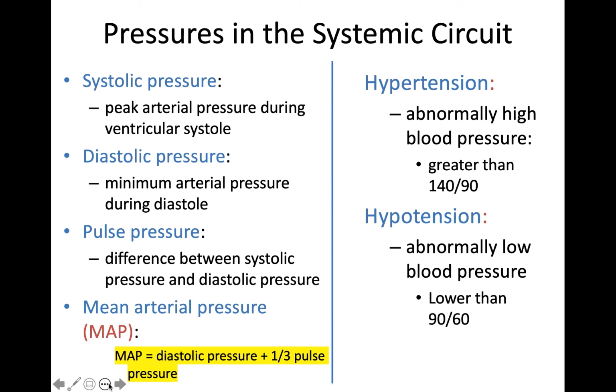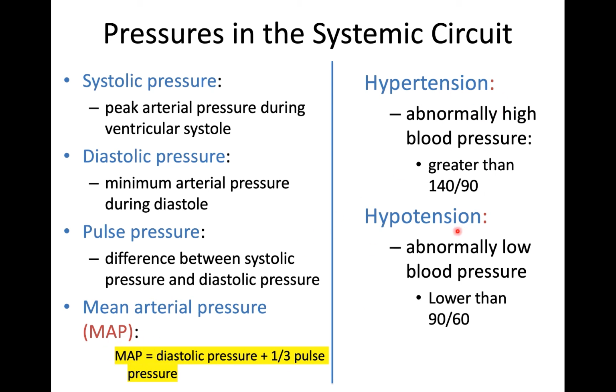The numbers I will give you will be very, very easy, and the pulse pressure will be divisible by 3, so you can easily multiply it by 1/3. I can give you an example of it now. Let's say you had a person who had a diastolic pressure of 90 and they had a pulse pressure of 60. Go ahead and calculate what the mean arterial pressure would be.